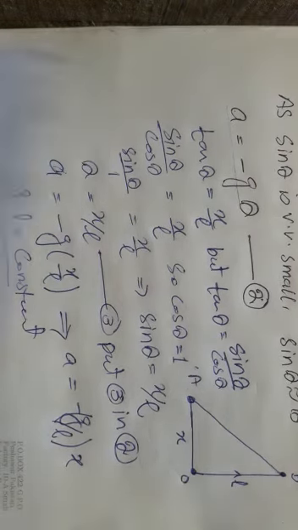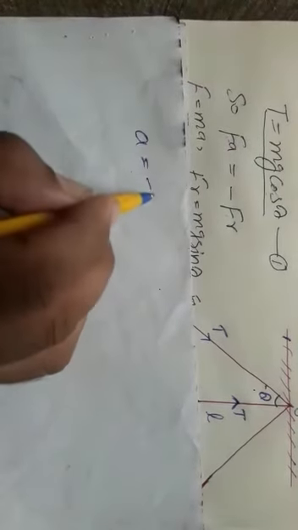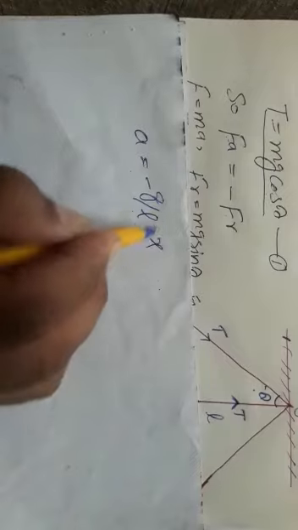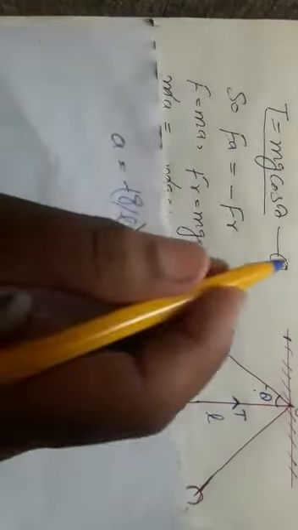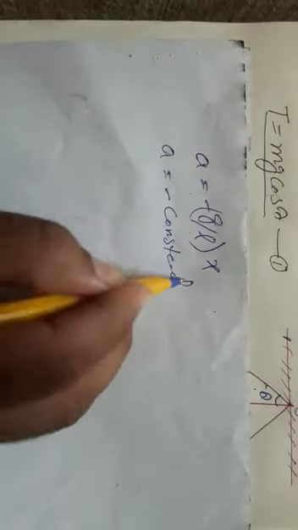So both are constant. Now we get a is equal to minus g over L into x, or a is equal to minus constant x. So we will put constant instead of proportional sign, so we get SHM. This equation shows that the motion of simple pendulum is simple harmonic motion.